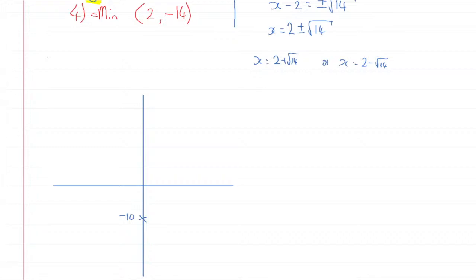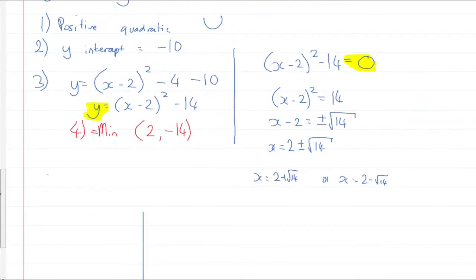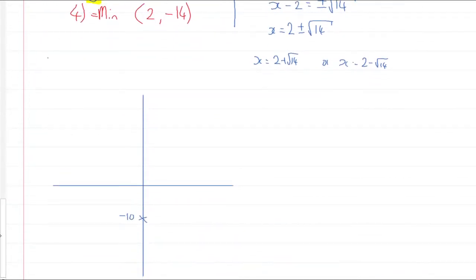What did I say my minimum was? 2, minus 14, so 2 across, minus 14 down. 2 comma minus 14, which is there like that. Now you might want to know what these are as decimals, so you know whether they're positive or negative.